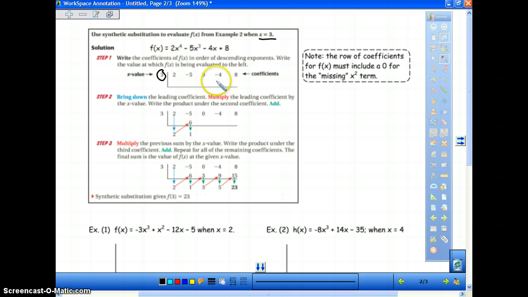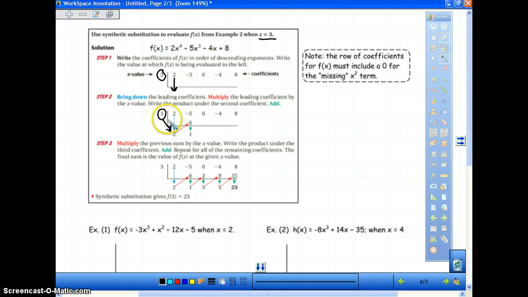So here's how this process works. Our first step is to bring down our value. So we bring down our value 2. The 2 comes straight down. Then we take the x value that they gave us and multiply it by the bottom number. So 3 times 2 is 6, so we write 6 right here. Then we just simply add these two numbers up. -5 plus 6 is 1.